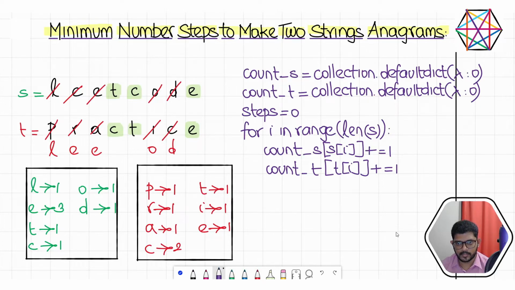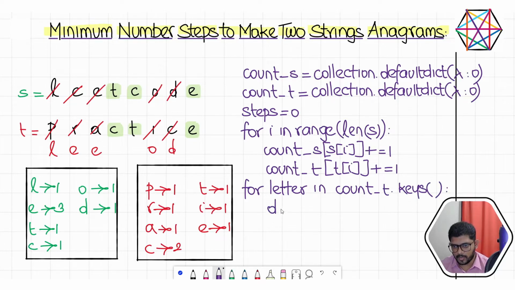Okay, so what is it? For letter in count underscore t dot keys, we introduce a variable called difference, which is literally the difference between how many times that particular letter is appearing in the string t and how many times it is appearing in the string s, right?